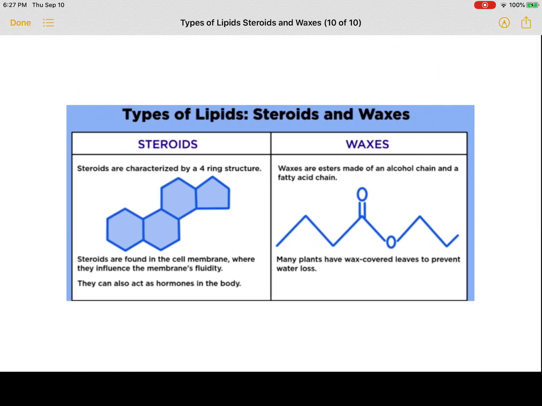Okay. And this is our last slide. So we also, one of your learning targets was to talk about the structures of steroids and waxes too. So steroids, this is our ringed version of fats, which is kind of interesting. So they're found in these rings of CHO. Okay. And we mentioned earlier, they're found in the cell membrane of animal cells.